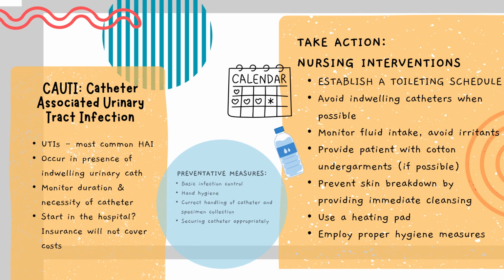Always, number one is avoiding indwelling catheters as a whole. If somebody comes in and doesn't have cotton undergarments, we can provide those as well. We can also utilize a heating pad, which may help with any pain they're having. And then we obviously always want to do appropriate hygiene.